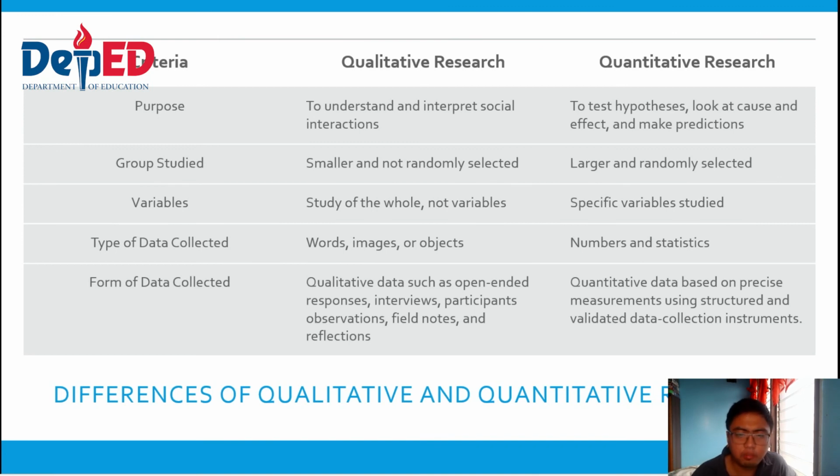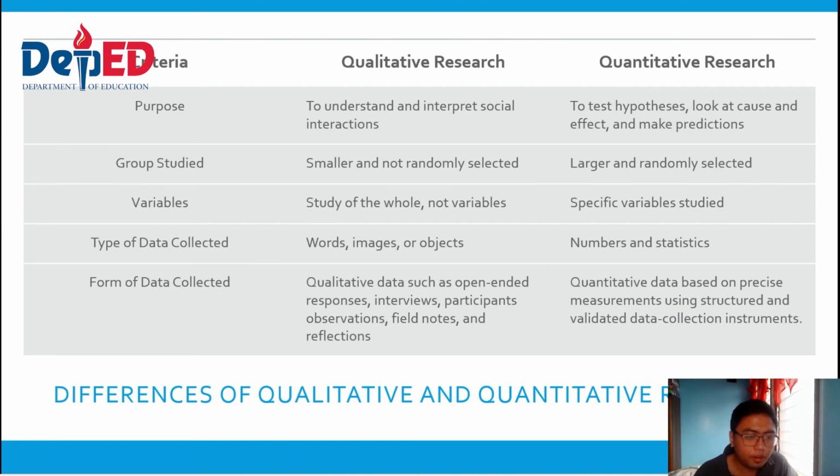Group studied, small and not randomly selected sa qualitative, while quantitative is larger and randomly selected. Variables, study of the whole, not variables sa qualitative, while sa quantitative, specific variables lang ang ating titignan. Type of data collected, sa qualitative, words, images, or objects. We analyze them, while quantitative, numbers and statistics. We quantify them.